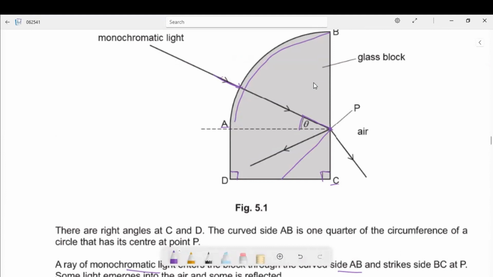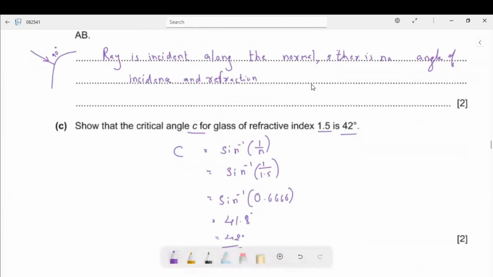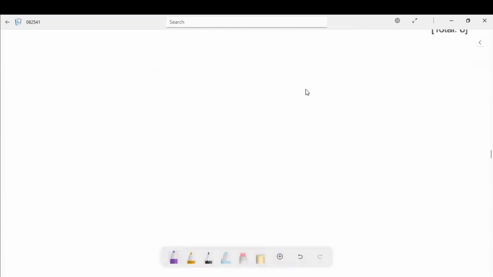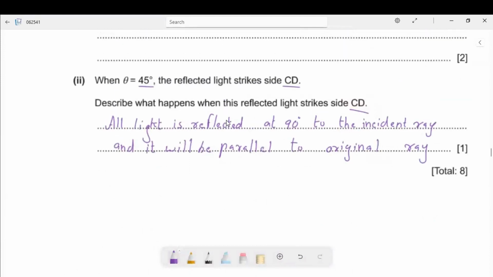So when it strikes this CD, the light will get reflected like this again. That means at 90 degrees it will get reflected and these two lines will be parallel. So all light is reflected at 90 degrees to the incident ray and it will be parallel to the original ray.